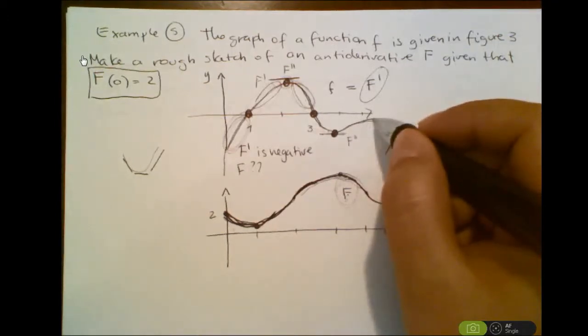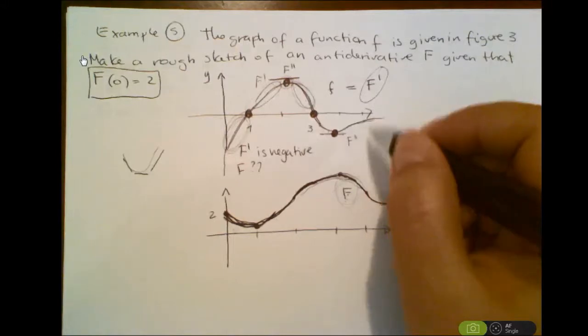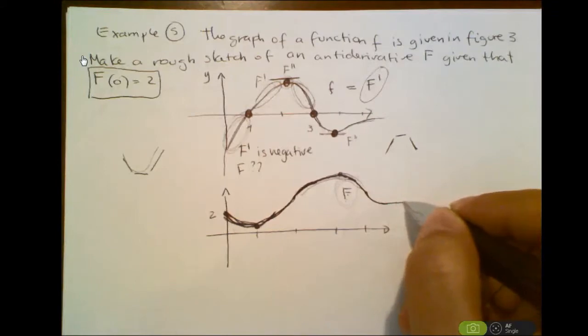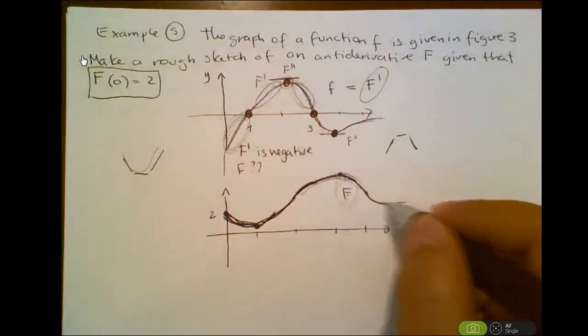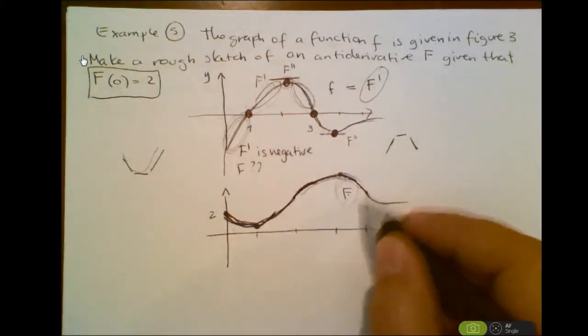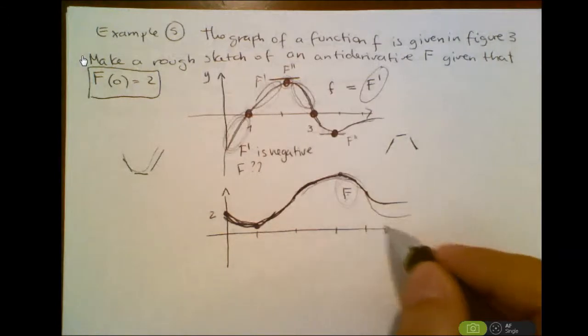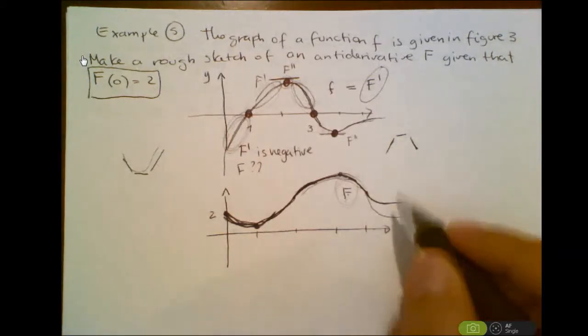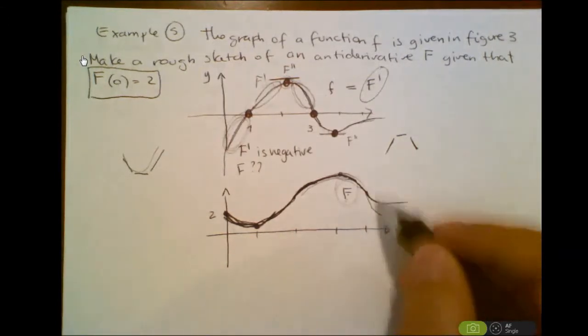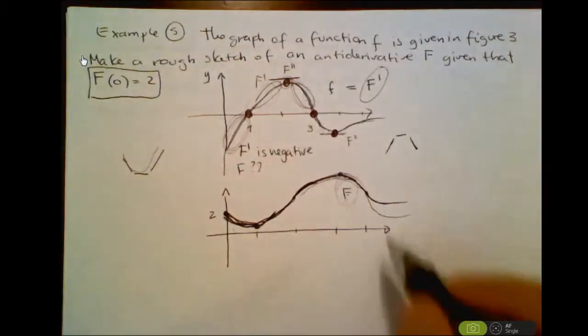That means the curve is flattening after that, so I'm just going to make it flat. It could have become flat here, or if you're sketching this on your own, your answer could have been like this. It doesn't necessarily mean that it's going to approach 0, it's just flattened, because remember that the derivative of this is what you see here.